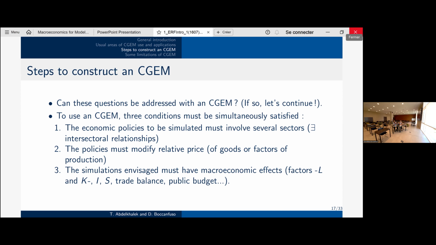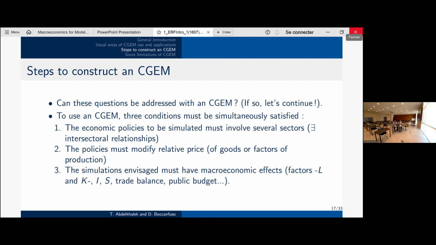The price can be the price of a factor, such as a salary or capital earnings, or the price of a good. If relative prices change, we can use a CGE model. This is the second condition.